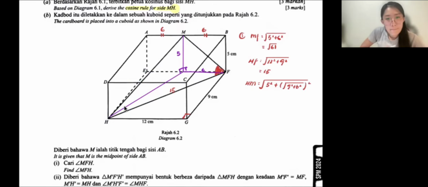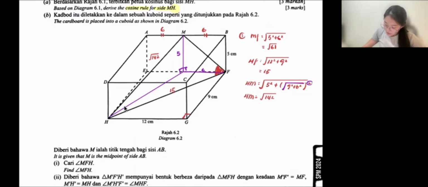Then HM will be 5 square, 25, plus 81 plus 36. 117 plus 25, surd 142. Because at the end, the square over here and this square root will cancel out. Surd 142.